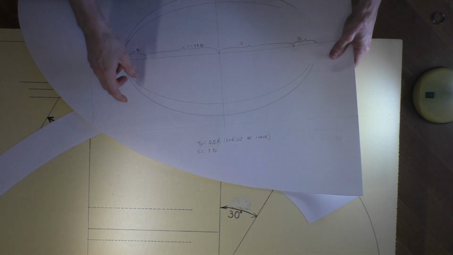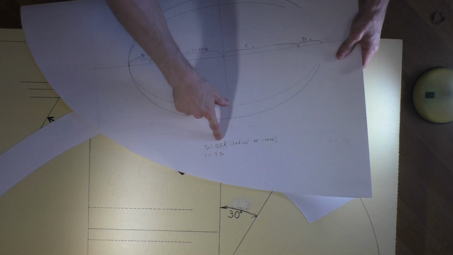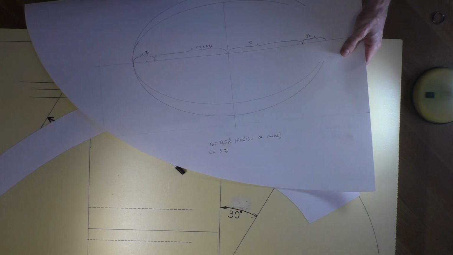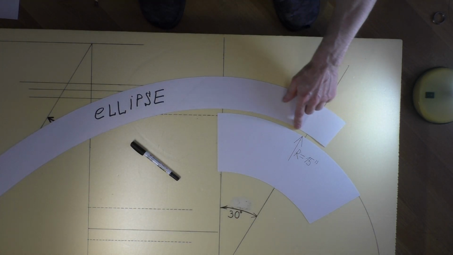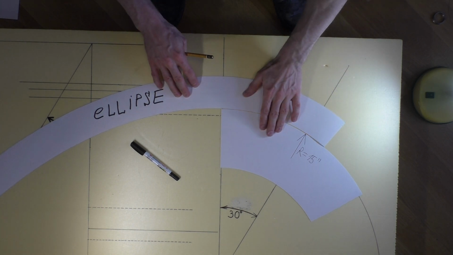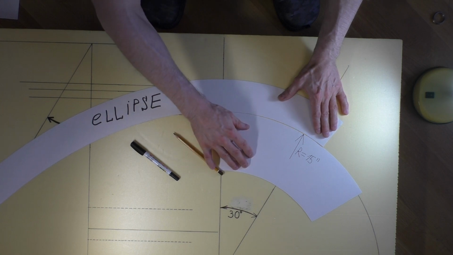Since I have drawn RP a half of radius of my arc, then in the beginning of the ellipse the curve is smaller than 15 inches.